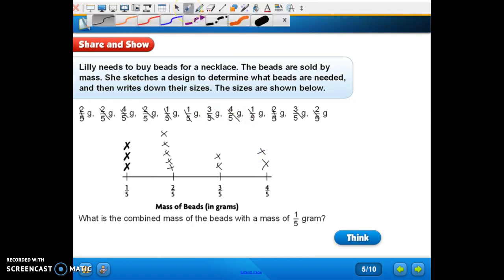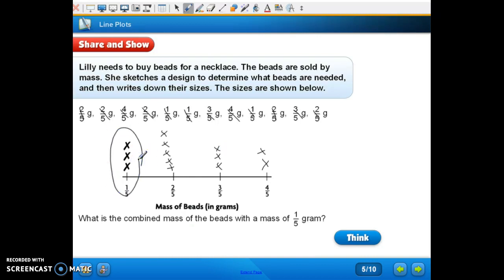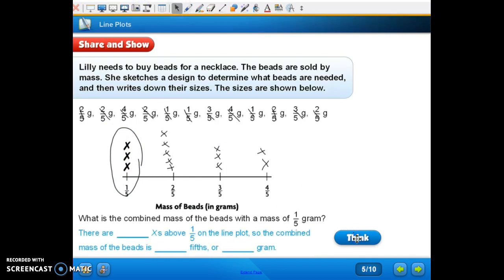Okay, so as we're looking at this, the students notice that I am missing a 3/5 in my list, so we're going to add a 3/5 X up there. It says, what is the combined mass of the beads with a mass of 1/5? So we're talking about these beads right here. And it says, think.